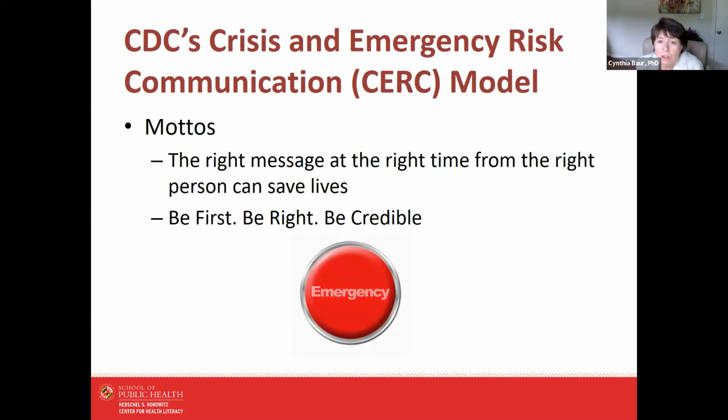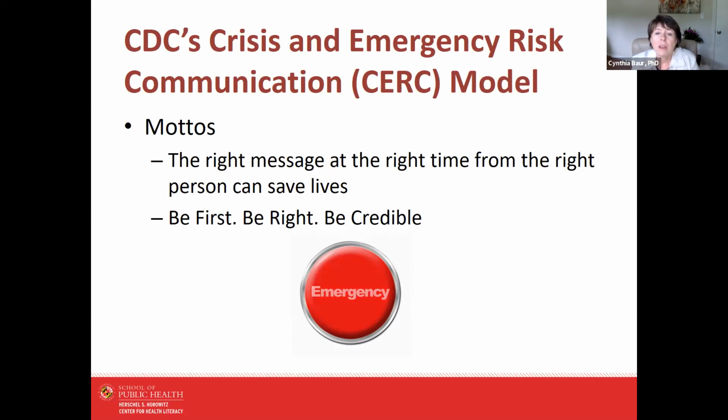So now I'm going to turn to a model that was developed through academic research and a lot of practical experience, but CDC codified it as something called the CERC model, Crisis and Emergency Risk Communication. And there are two mottos when it comes to CERC.